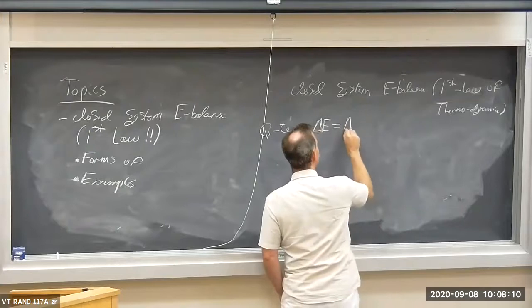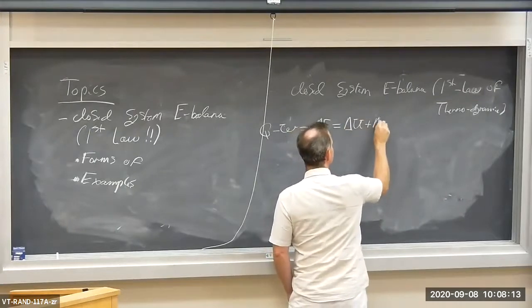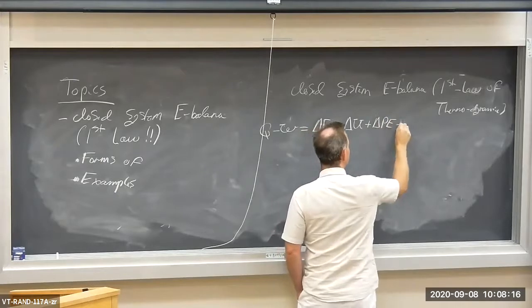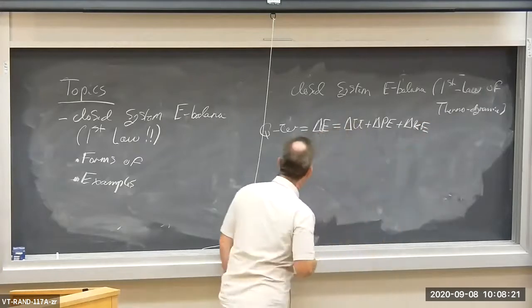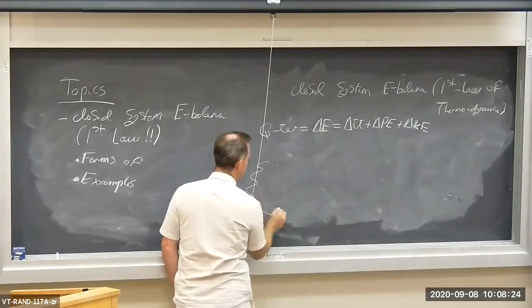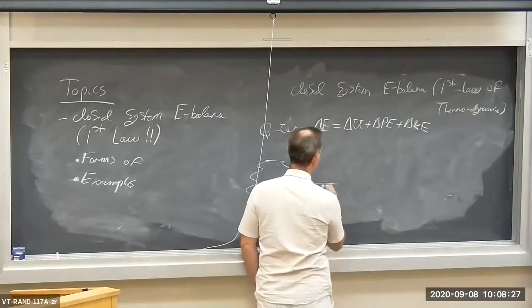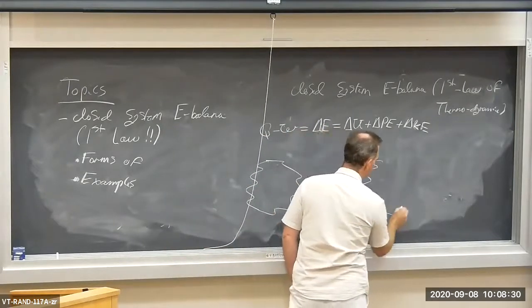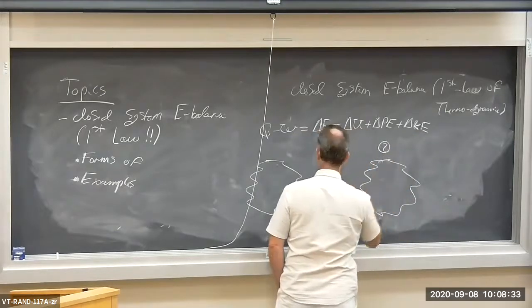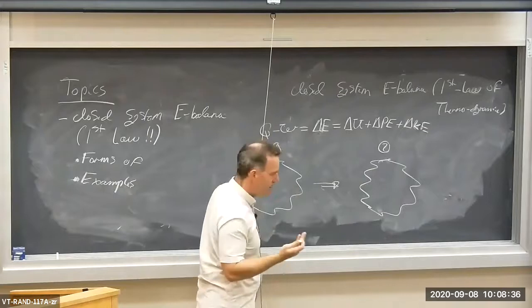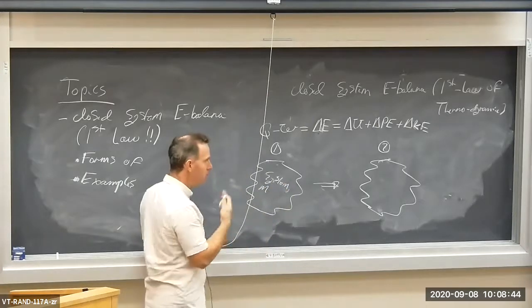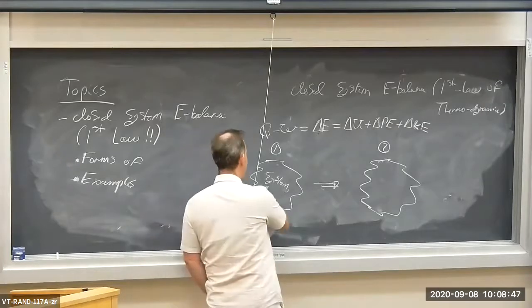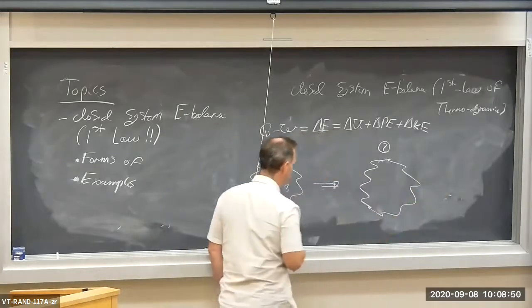So what that means is the change in internal energy plus the change in potential energy plus the change in kinetic energy. Okay? Now, if we apply this to some system, so here's our system, and it goes from one state to another. So this would be state 2, and this would be state 1. So this is our system. It has a certain amount of mass. It's a closed system energy balance. You don't see any mass being pumped in or being pumped out over the process.